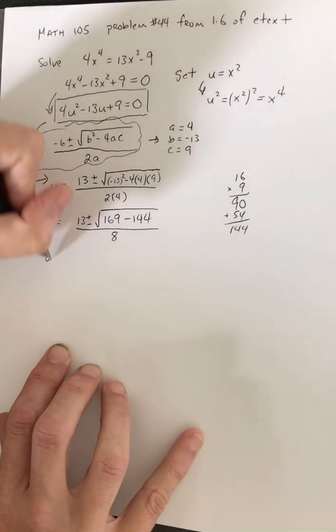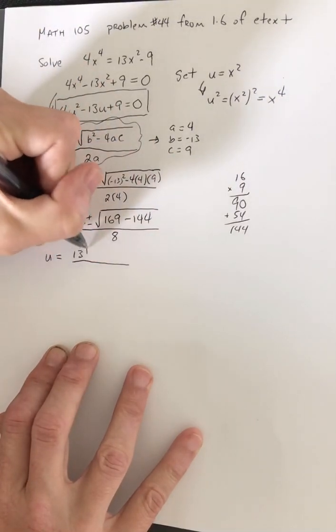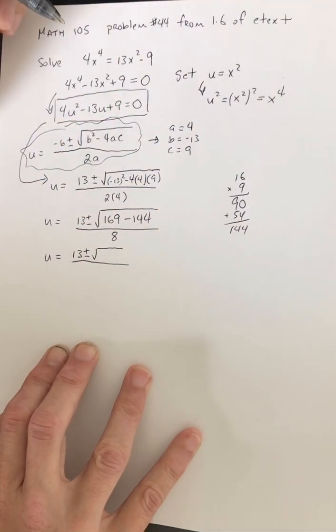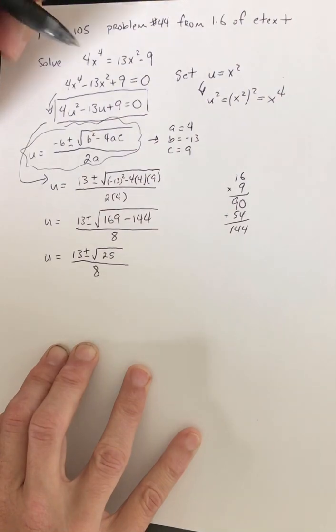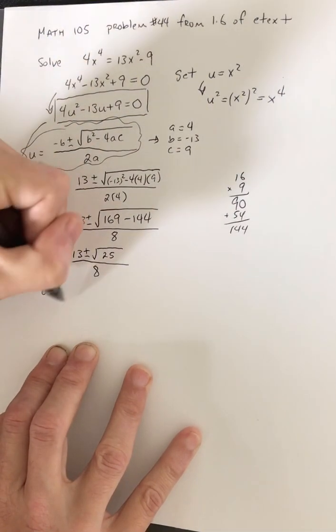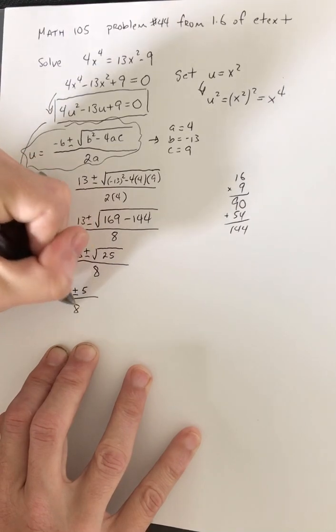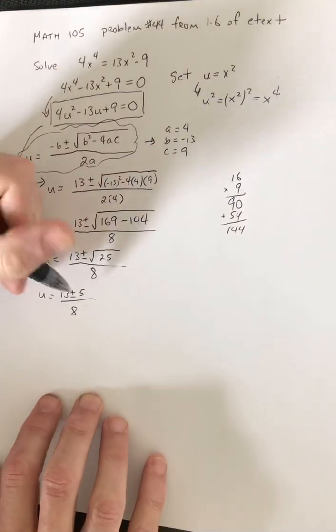Okay, well, now I finish what's under the square root. 169 minus 144 is 25. And I go, aha, I know that's a nice number. It's 13 plus or minus 5 over 8. Okay, now notice this splits, right?